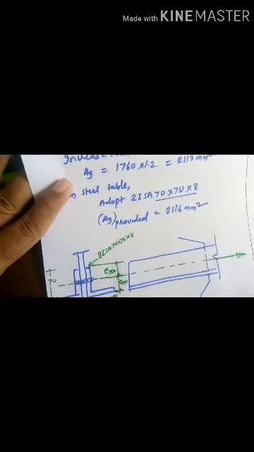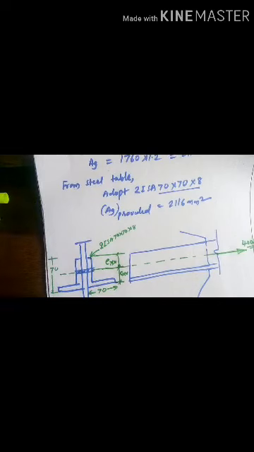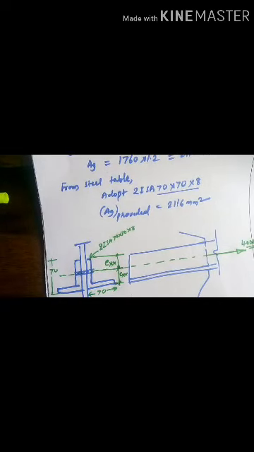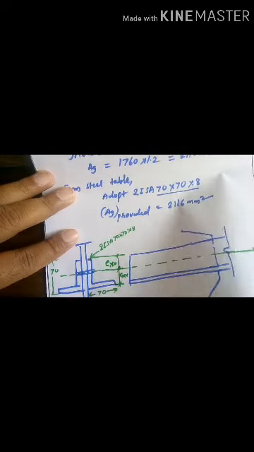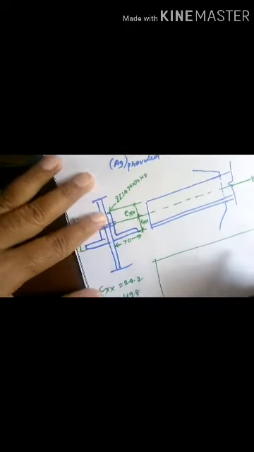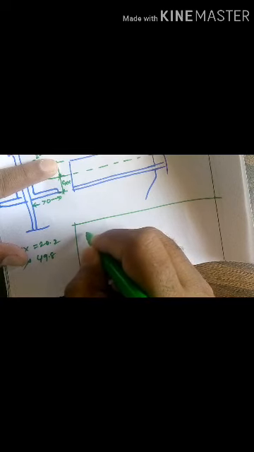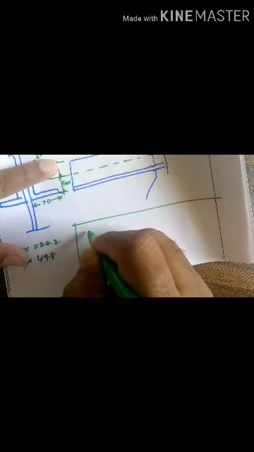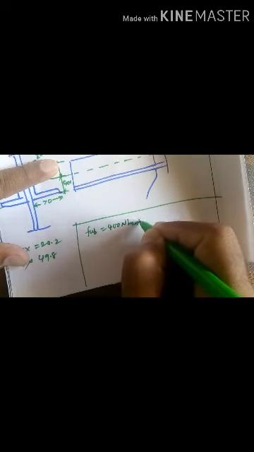Okay, this is the load given here, 400 kilonewton, the factored load. After this, first we need to calculate the number of bolts required. What data is given? The property class is given as 4.6, so fub will be 400 Newton per millimeter square.